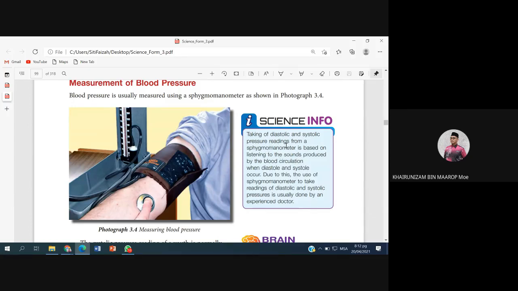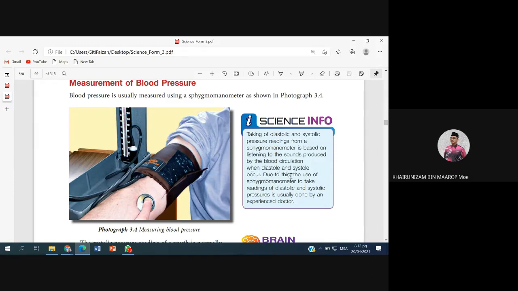Taking diastolic and systolic pressure readings from a sphygmomanometer is based on listening to the sounds produced by the blood circulation when diastole and systole occur.